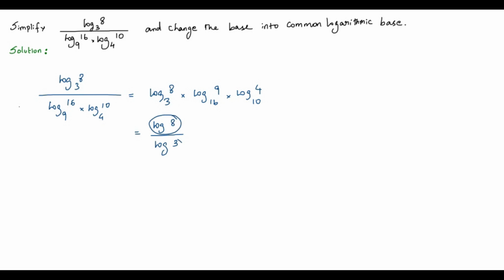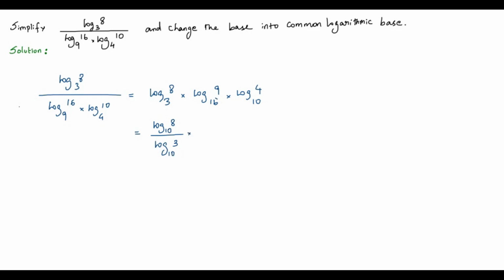Now for these 2 logarithms, whatever base you want you can take, but you have to take the same base for both the logarithms, numerator and denominator. So if I want 5, I can take the base 5 for both numerator and denominator. But in this problem I need common logarithmic base 10. So I take the base 10 here and here.